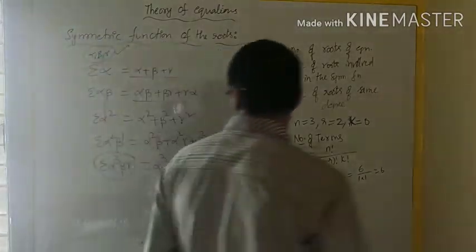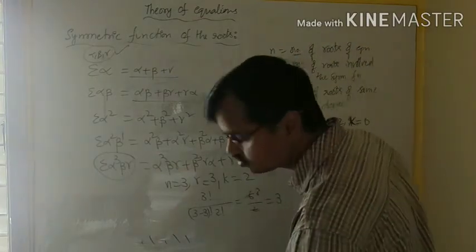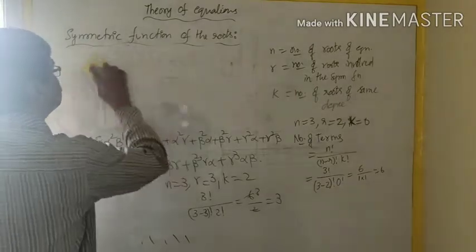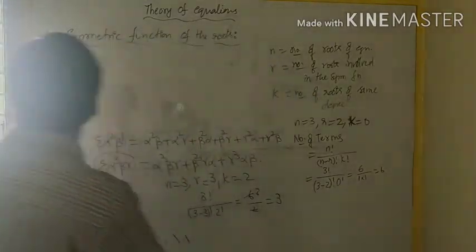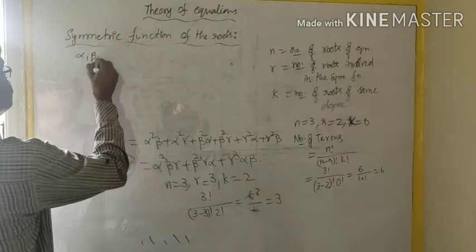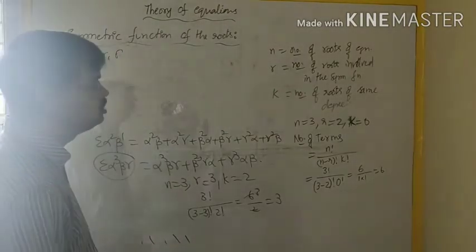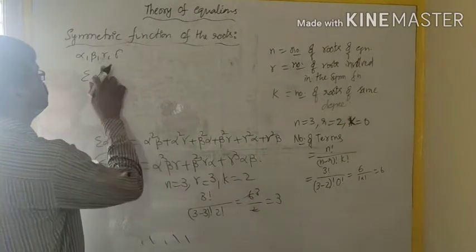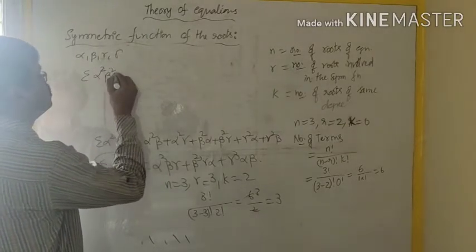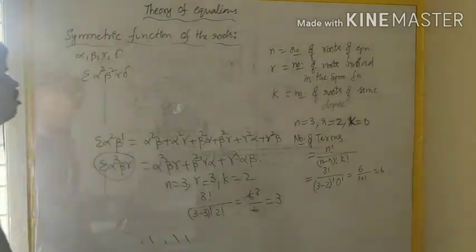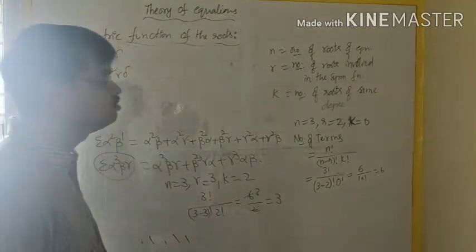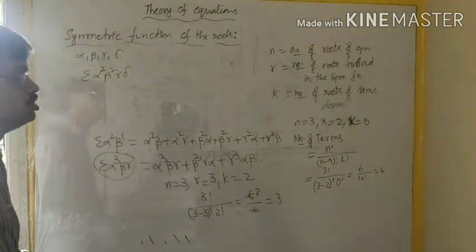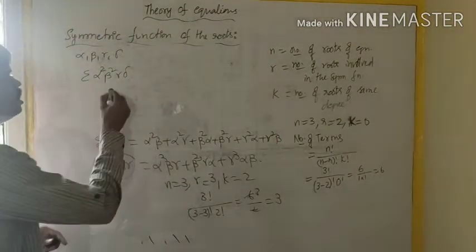Now suppose alpha, beta, gamma, delta are the 4 roots of the given equation. Sigma alpha square, beta square, gamma delta is there. How many terms does this symmetric expression contain? Here n value is 4.